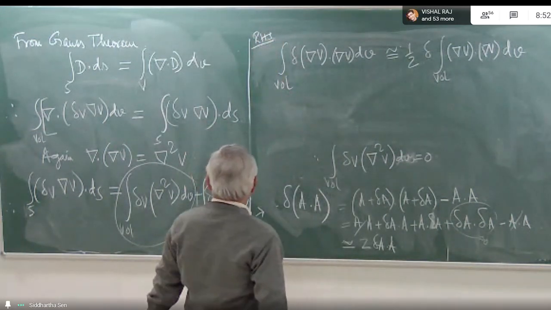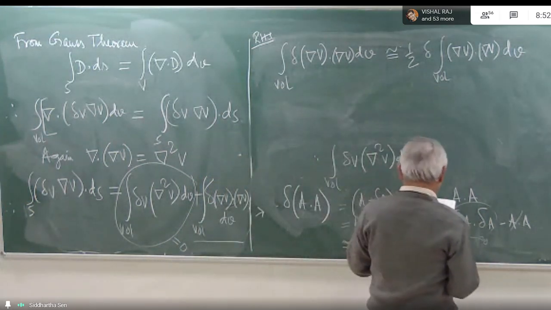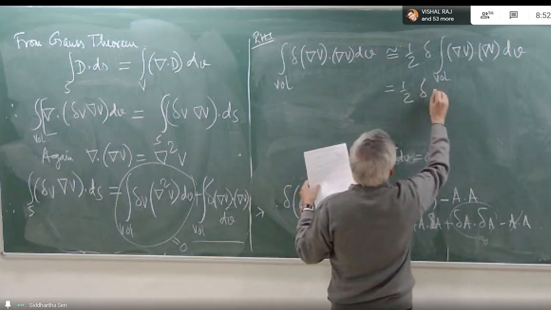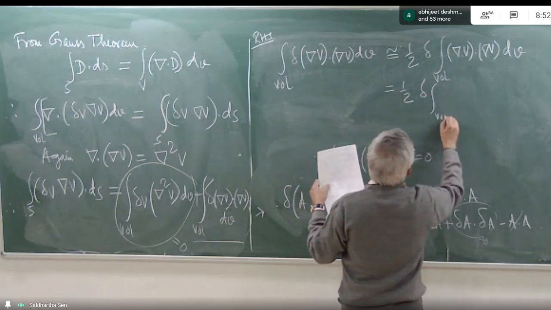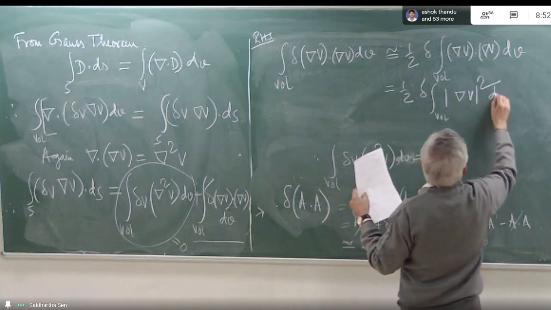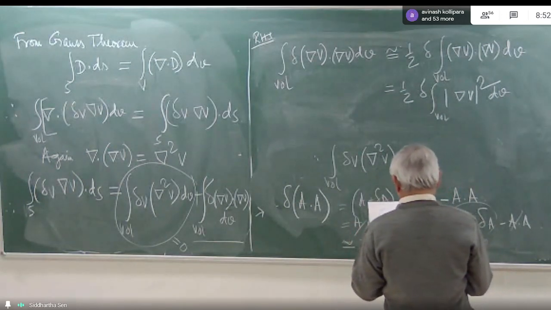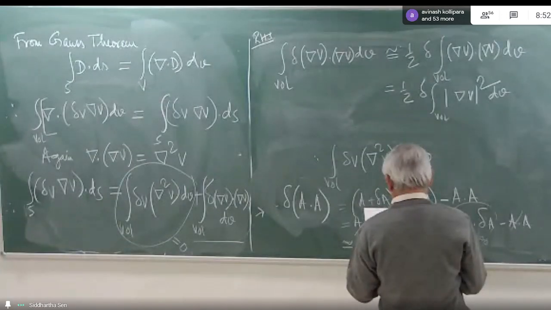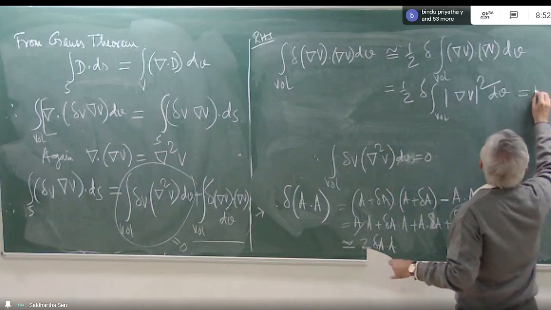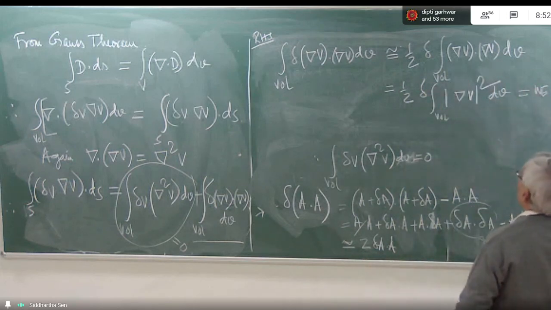This is the thing there. And this is nothing but half of delta of the volume integral nabla V square dV. So what is there? That is equal to WE, because we have shown it already.